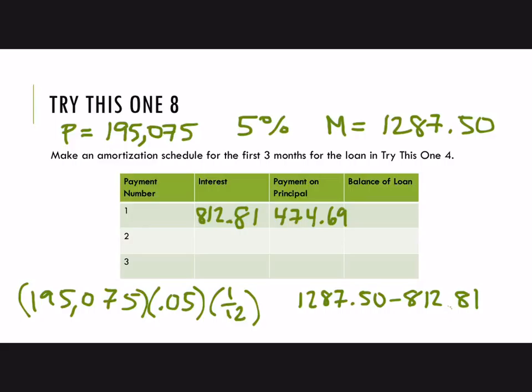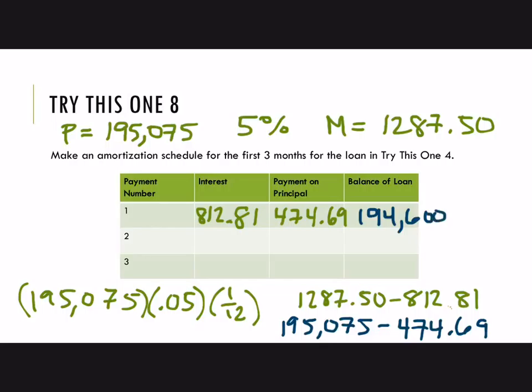And then finally, the balance of the loan would be the previous principal, $195,075, minus the amount that got paid towards the principal. And the new balance for the mortgage is $194,631.